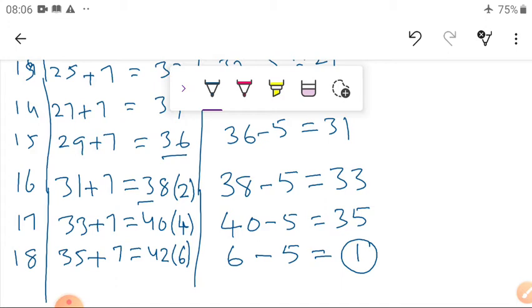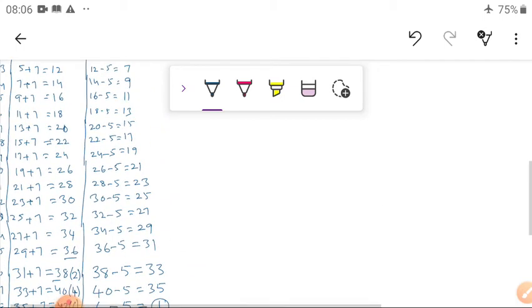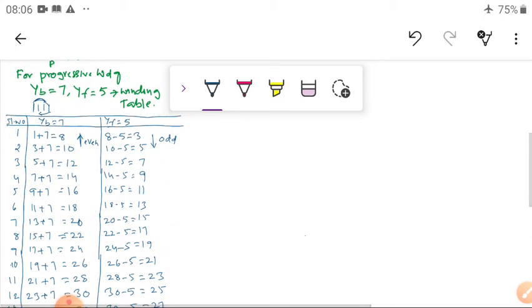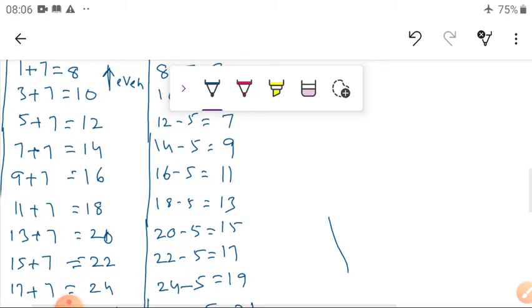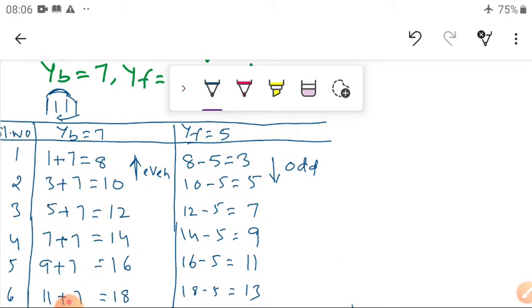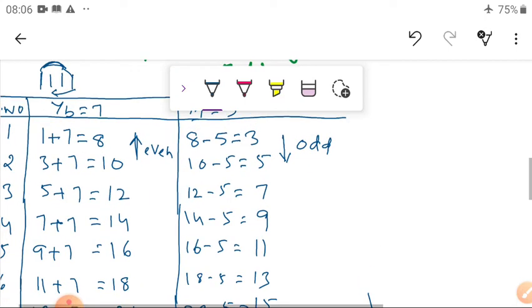Dear students, now you can see the table. The table is somewhat big. What we have seen, we drew the table as per the procedure. Procedure YB, YF. So here YB 1 plus 7, here the 8 minus 5. As we drew this, at the same time we can check it.